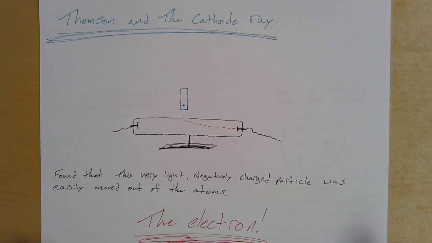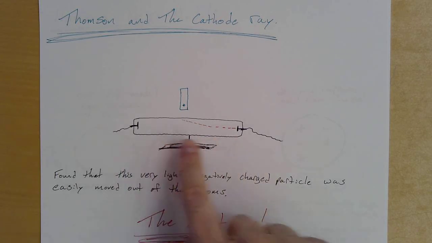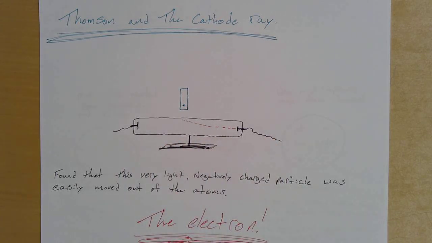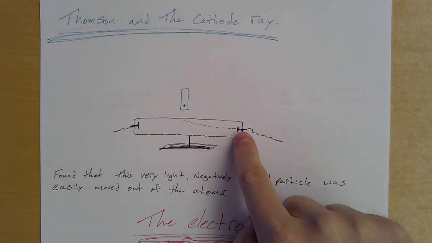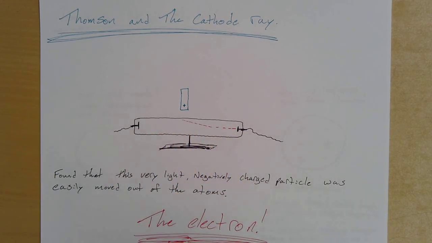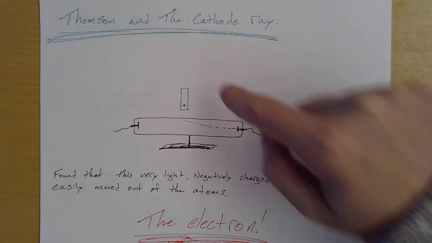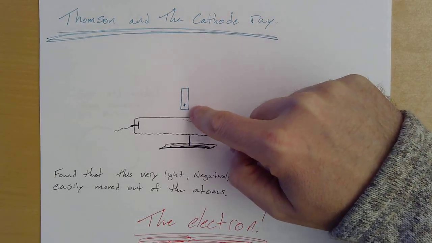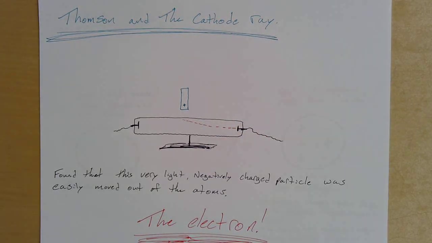Thomson was a scientist who played around with these things called cathode rays, where they shot this light particle from cathode to anode. We don't really need to know what those terms mean, but we need to know that there was a particle that went from one side to the other. Eventually, Thomson brings this positively charged thing toward the light, and it bends.